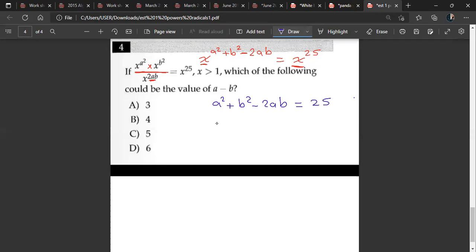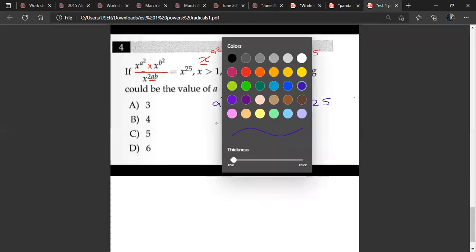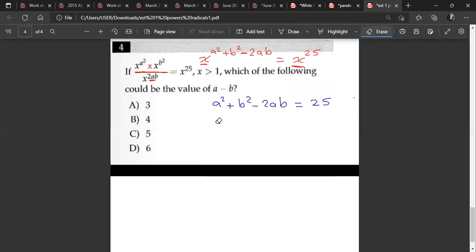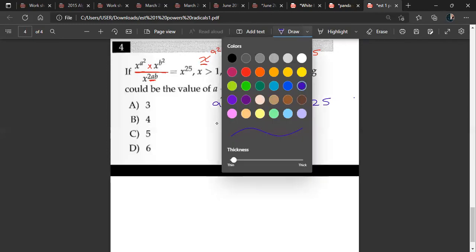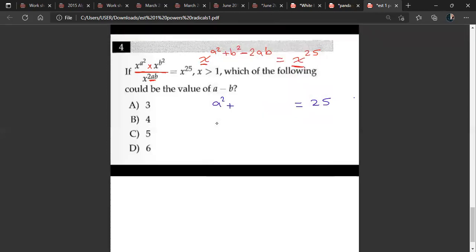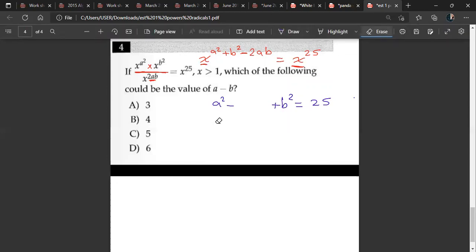Watch out here: I will not remove any parts, only rearrange. I put b squared here and minus 2ab in the middle, so I move this part between a squared and b squared. This is okay, the same expression does not change.